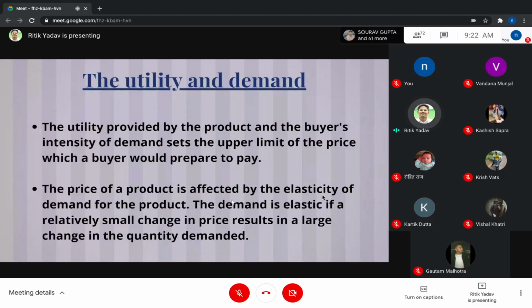In this case, the buyer may be able to pay up to the point where the utility is at least equal to the sacrifice made in terms of price paid.